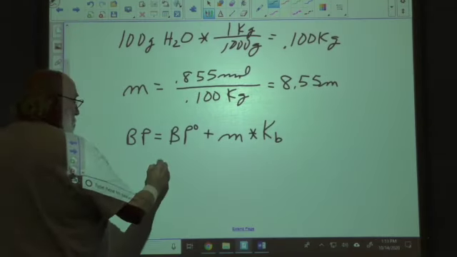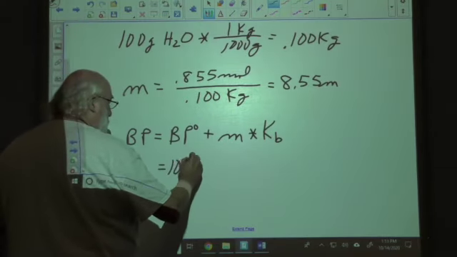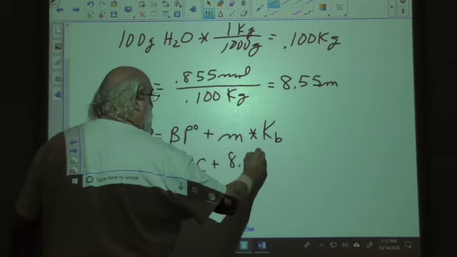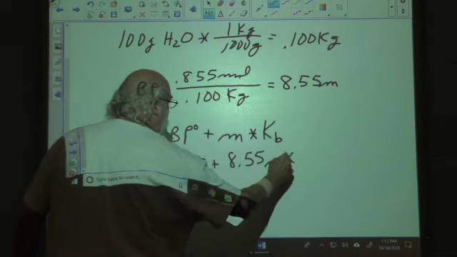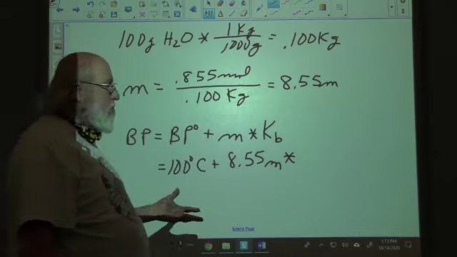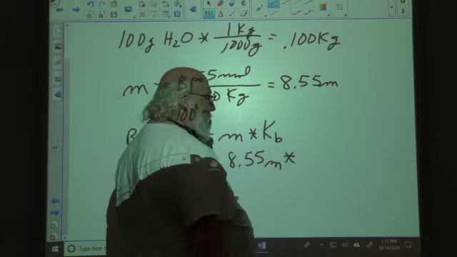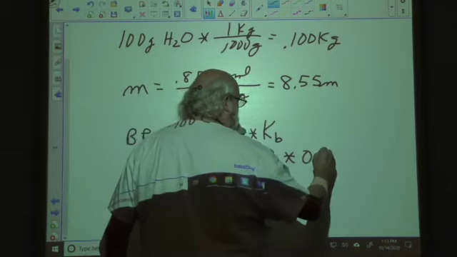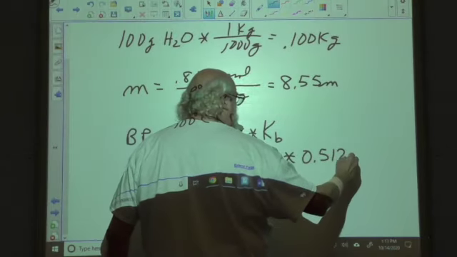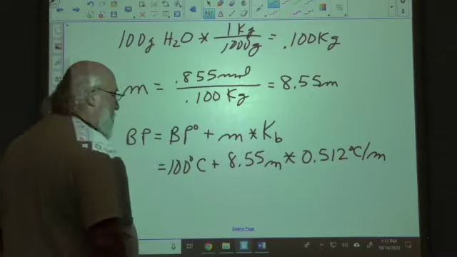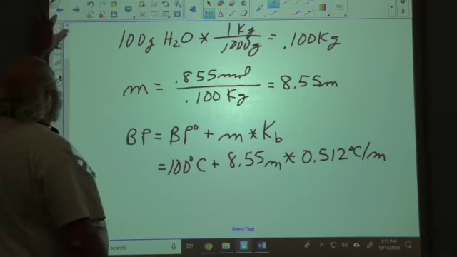We know the original boiling point of water is 100 degrees Celsius. The molality here is 8.55 moles per kilogram times the Kb, which if you go to the chart on page 528 is 0.512 degrees Celsius per mole per kilogram. So this is the formula you're going to have set up.